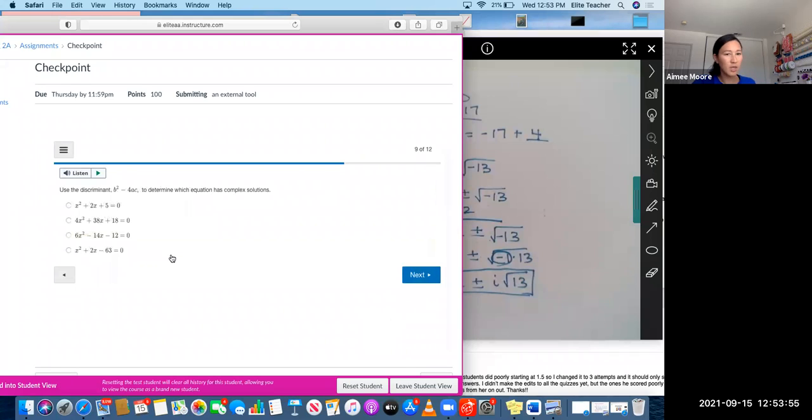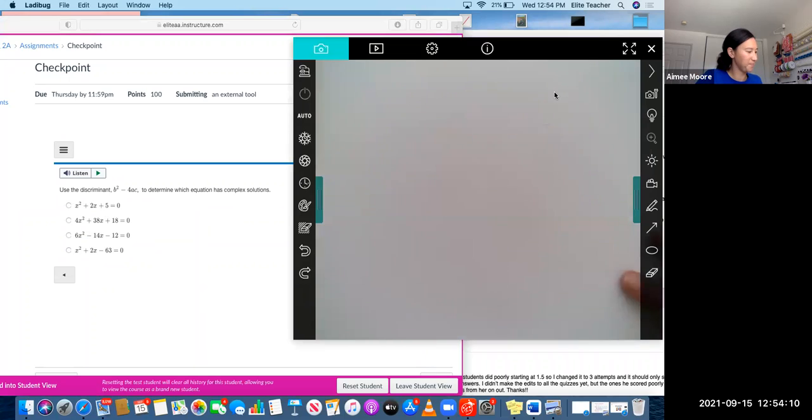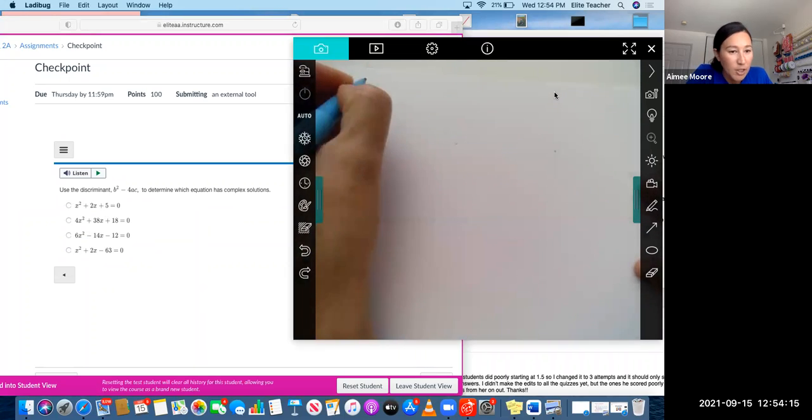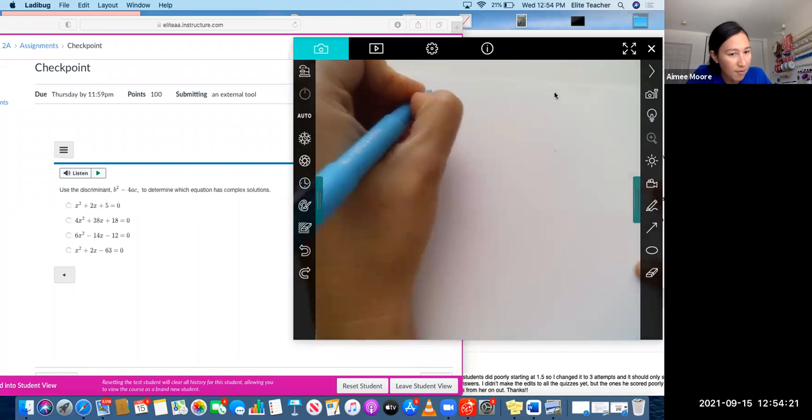All right, use the discriminant b squared minus 4ac to determine which equation has complex solutions. Okay, so this one requires a lot of work, so we'll get started because we are running out of time. Let's look at the first one, x squared plus 2x plus 5.